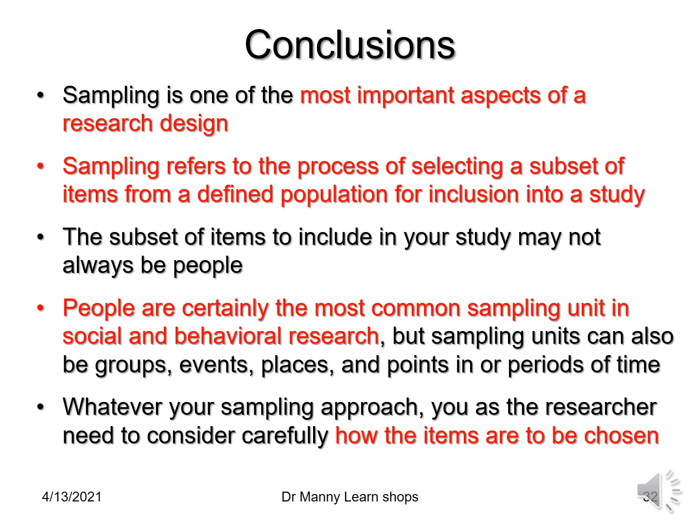Nursing is about people, not about numbers. But sampling units can also be groups, events, places, and points in or periods of time. Whatever sampling approach you as the researcher use, you need to consider carefully how you're going to select those items. And that comes into your inclusion criteria.